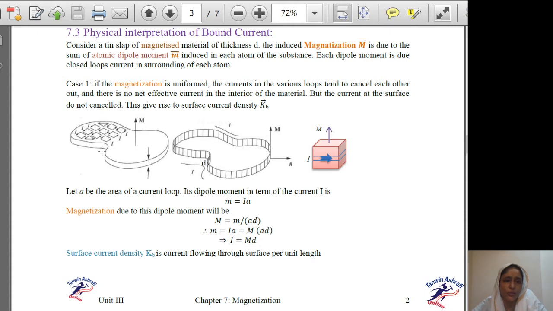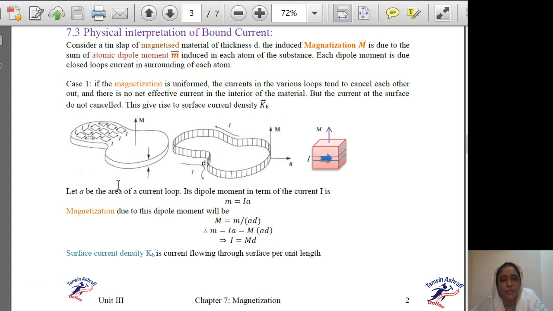In case 1, if the magnetization is uniform, the currents in the various loops tend to cancel each other, and there is no net effective current in the interior of the magnetic material. But the current at the surface is not cancelled. As you can see, it is not cancelled. And this gives rise to the surface current density Kb.